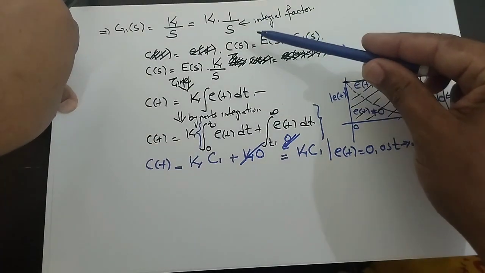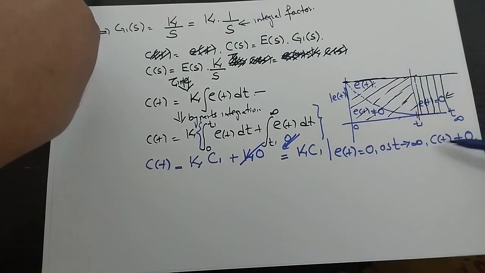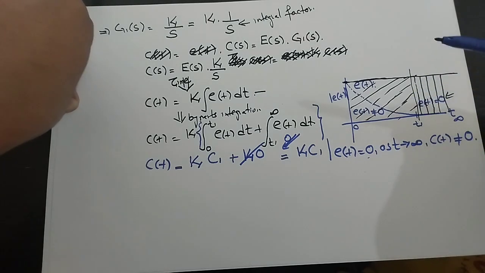This integral action helps us minimize the error signal while keeping a non-zero output signal. So this helps us gain both: system steady state performance improvement, and a non-zero output signal.